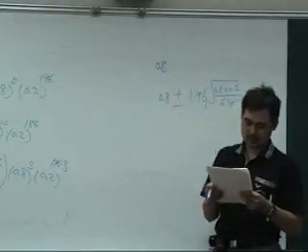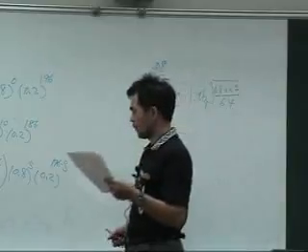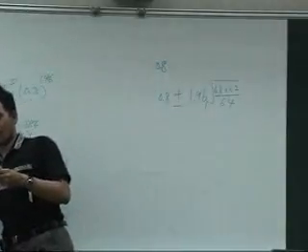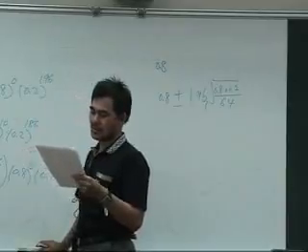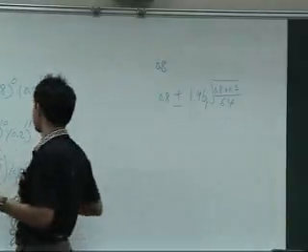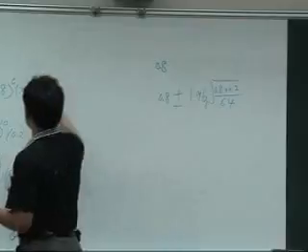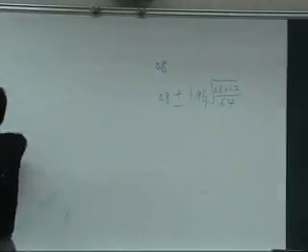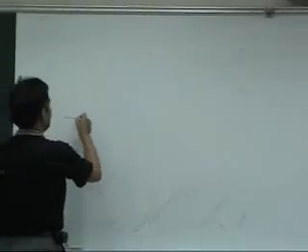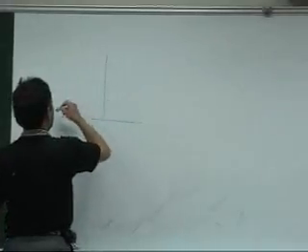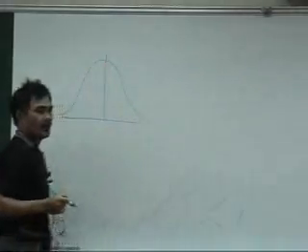Let us get to the next one. So Ford produces 2 million cars a year. On average, a car lasts 9 years, and the standard deviation is 3 years. Okay, so you have something like this, okay?